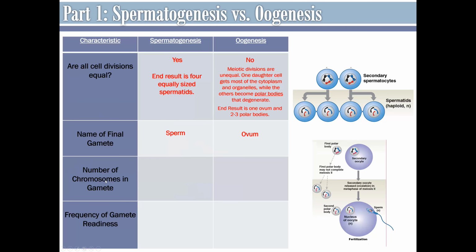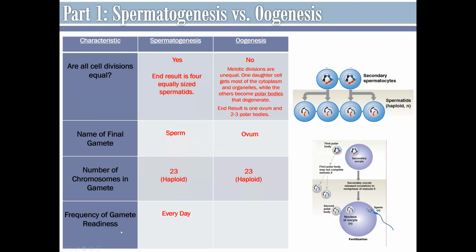The number of chromosomes in the gamete. In spermatogenesis, there will be 23 chromosomes in each sperm, so they are haploid, meaning they only have one copy of each chromosome. And the same is true for oogenesis. Each of the ovum is only going to have 23 chromosomes, so they will be haploid as well. And then the frequency of gamete readiness.